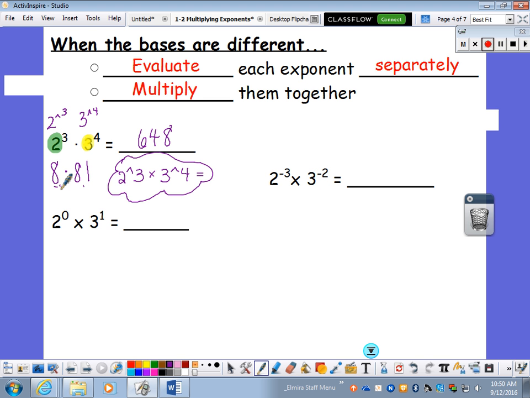If it's positive exponents. If it's not positive exponents, when we go to do this one, you're not going to be able to just type this straight up into the calculator. Okay? This one with negative exponents, you're really going to need to evaluate each exponent separately. So 2 to the negative third power really means 1 over 2 to the third.